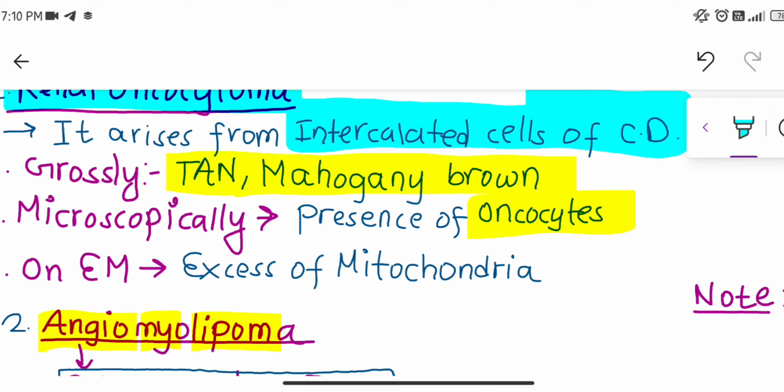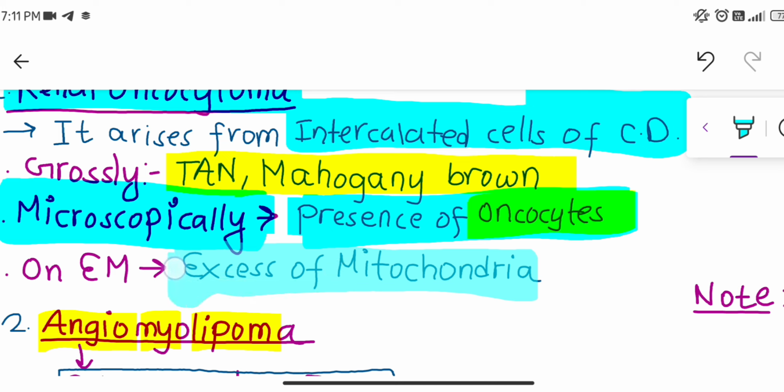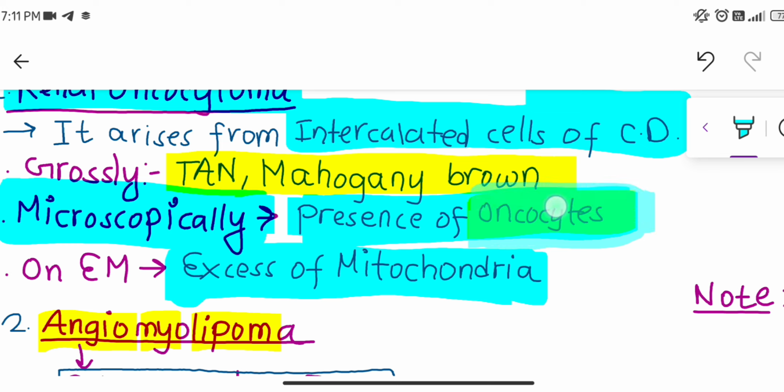Now microscopically, there should be presence of oncocytes. Oncocytes are cells with abundant eosinophilic granular cytoplasm. Why does the cytoplasm appear granular? Because of the excess mitochondria, which make the cytoplasm of the oncocytes more granular.